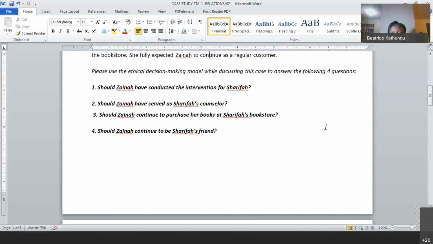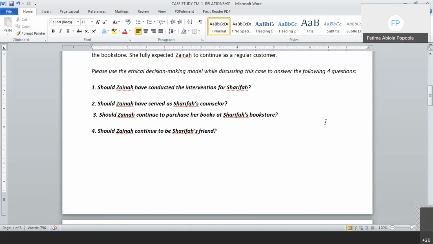I think that there was nothing Zaina could do other than to accept Sharifa's relationship as a client. She has no choice than to go ahead, just like the former speaker said.